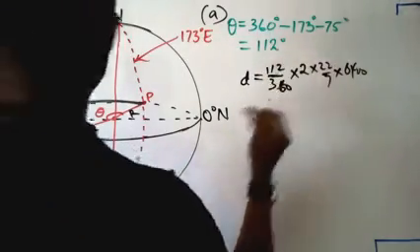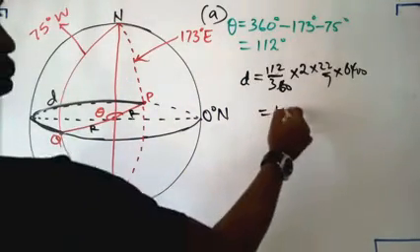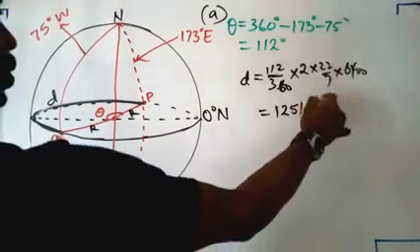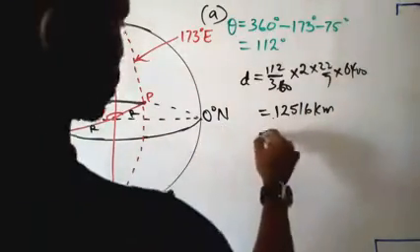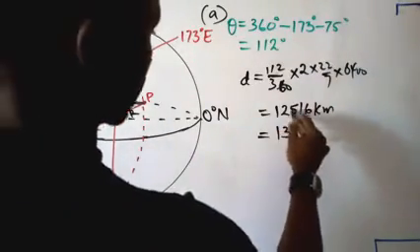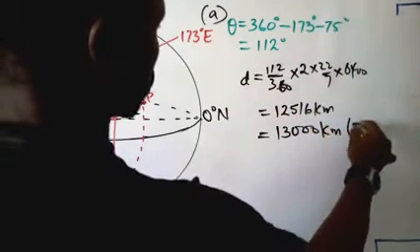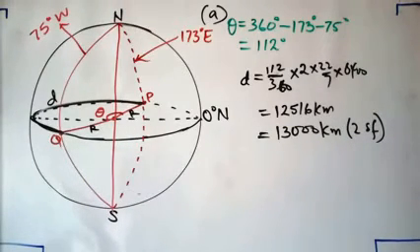So when you put it in your calculator, you have something like 12516 kilometers. Then you can write your answer in two significant figures and write as 13,000 kilometers to 2 significant figures. That's how to solve the first part.